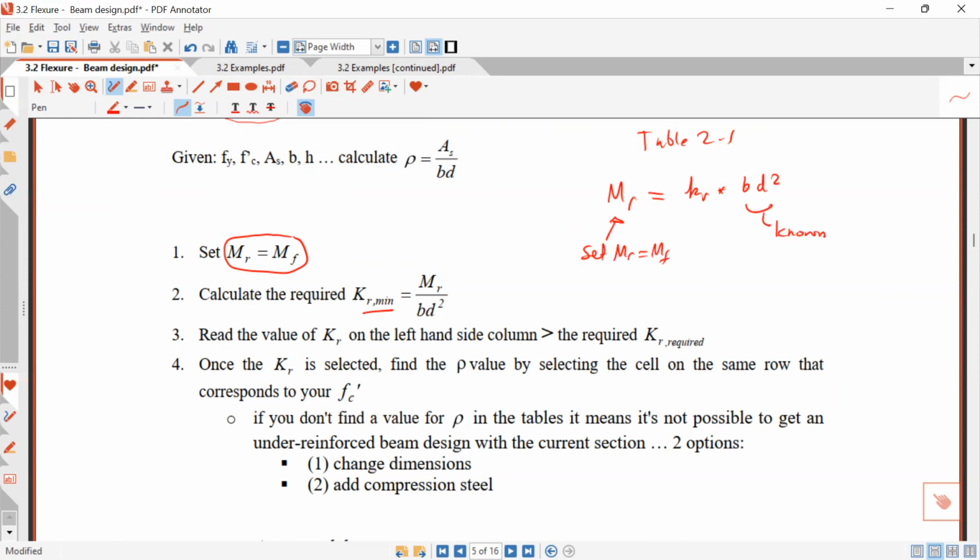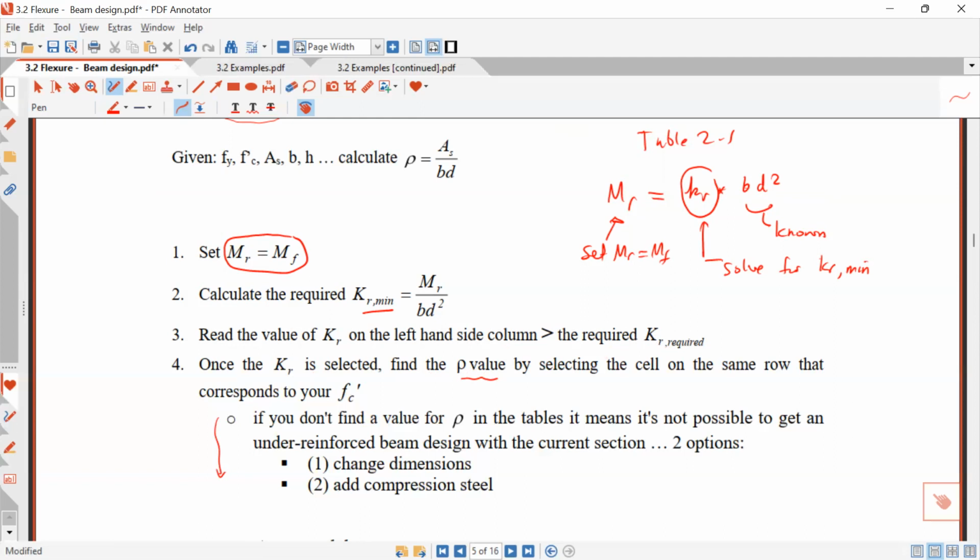We're going to know B and D. So then we solve for KR minimum or KR required. So we're going to find the KR that we need. And once KR is selected, we find the row value that corresponds to that KR. And then we can proceed with our design.